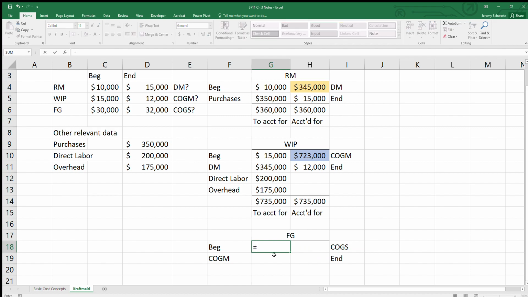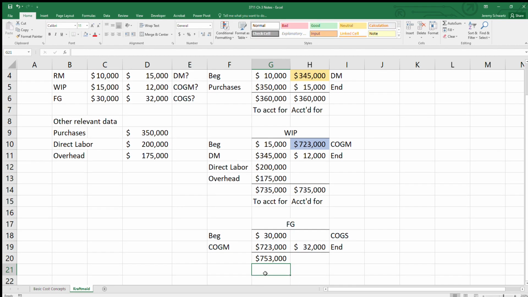So we go back to our beginning balance of 30. Our ending balance is 32. So we bring in our cost of goods manufactured of 723. So then that means our cost to account for here, the only thing that's coming in is a cost of goods manufactured is the 753.